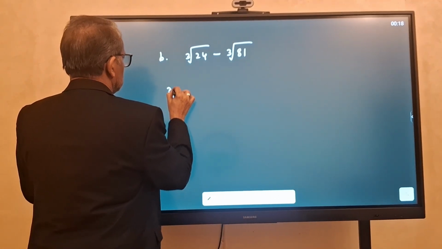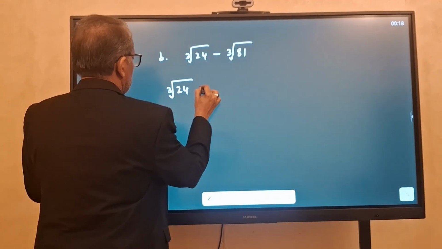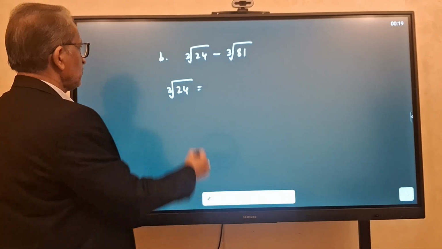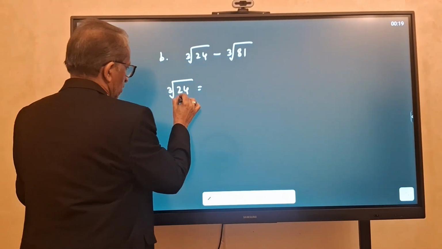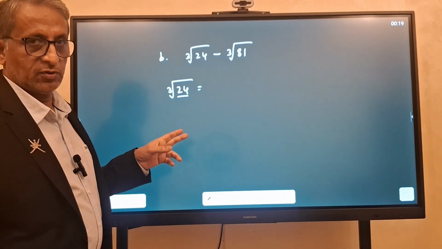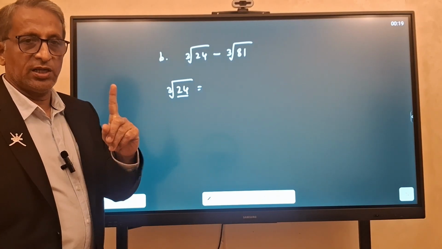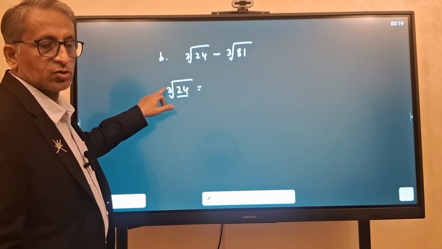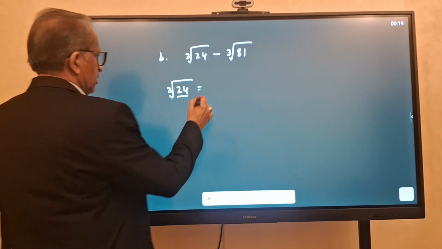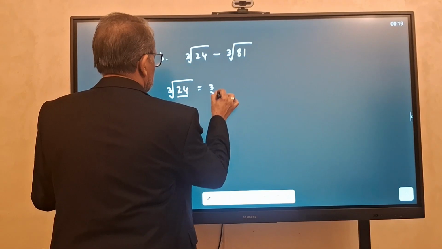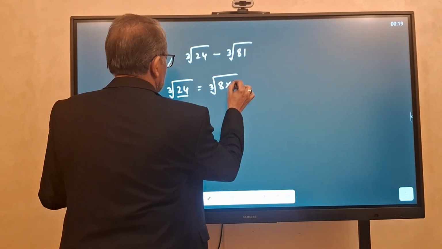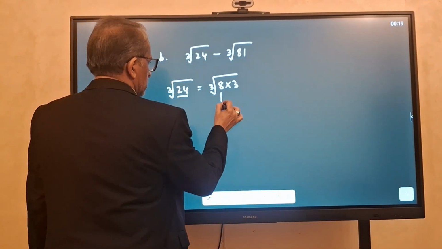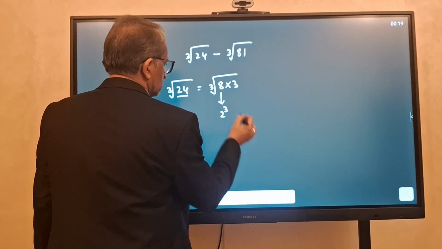So what I will do, I will take each number one by one. 3 root 24. Find the factors of 24 such that one is having a power 3, because here it is the cube root. So one number should be power 3. It is like this: 8 into 3. What is 8? 8 is 2 power 3.